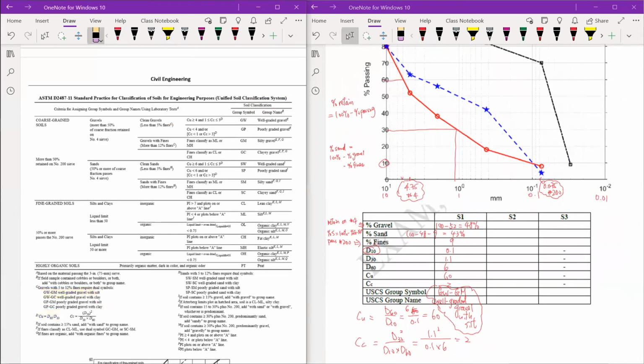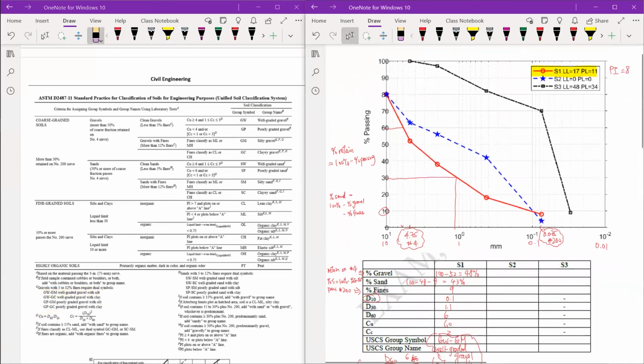This time, we are looking at the blue curve right there. So again, first step, very similarly, we want to determine the percent gravel, percent sand, and percent fines. Percent fines is always the most obvious because it's whatever passes number 200, and we can read it right off the chart that shows our distribution curve.